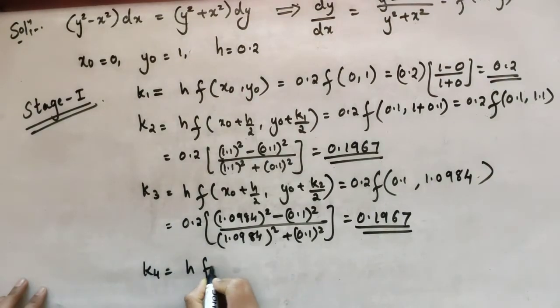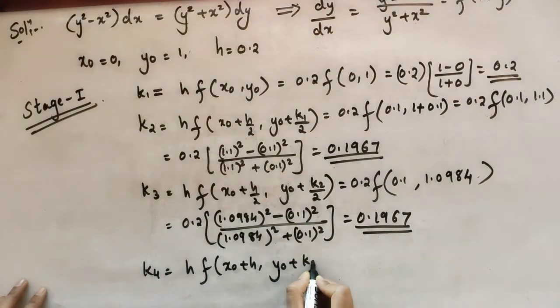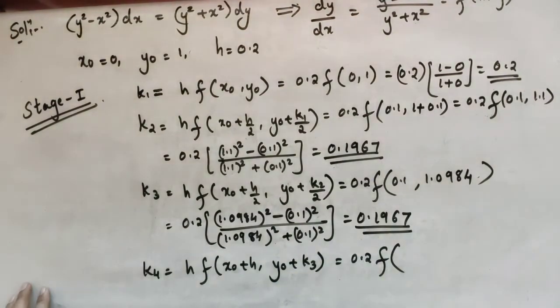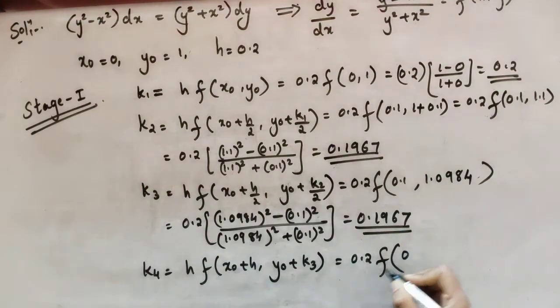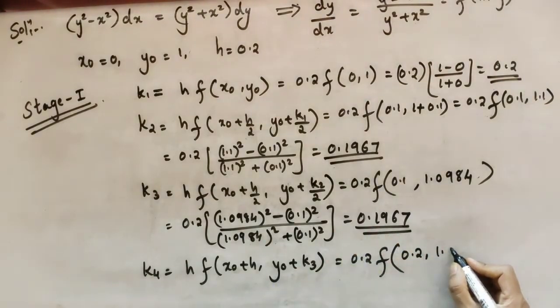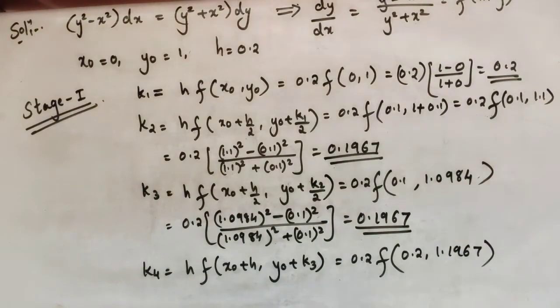It is h times f of x naught plus h, y naught plus k3. It's 0.2 f of x naught plus h. x naught is 0, h is 0.2, so it will be 0.2. y naught plus k3 is simply 1 plus this value, so it is 1.1967. Now work for its simplification.